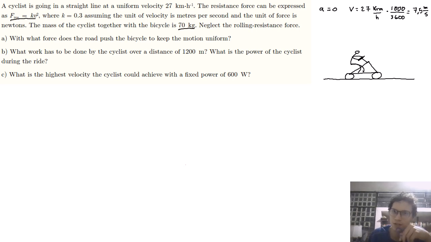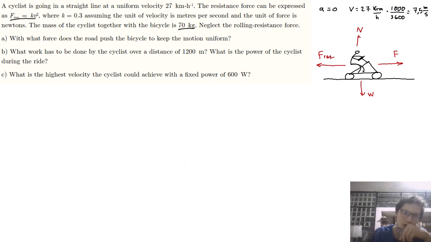When we draw the forces, we will have normal force perpendicular to the surface. We'll have the force of the weight. We will have the force of the cyclist. There will be a resistance force. But because the road has no slope, the mass will not be relevant in this problem.